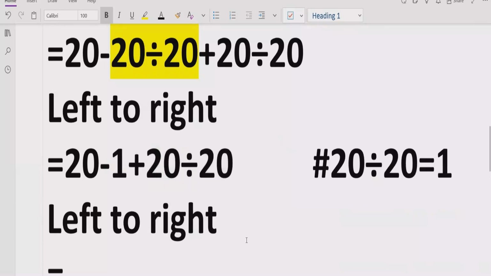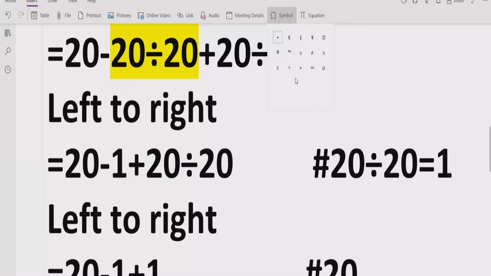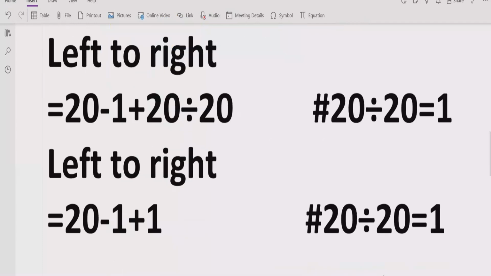So here we have 20 minus 1 plus, and again we have 20 divided by 20, which is equal to 1. And again we will give the reference here: 20 divided by 20 equals 1. Now we do not have any division and multiplication left.